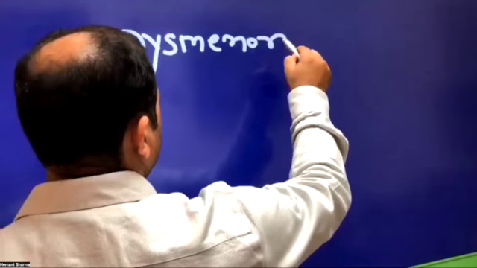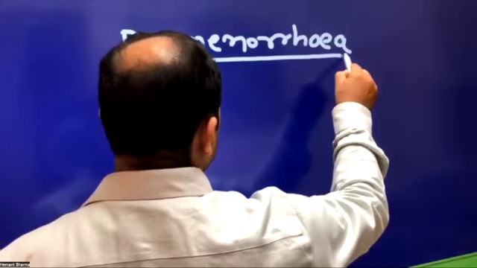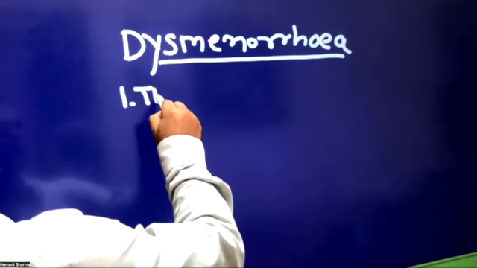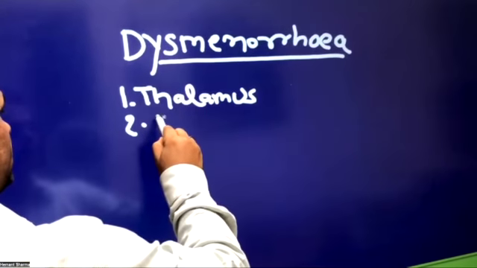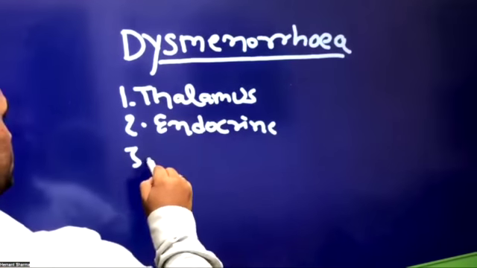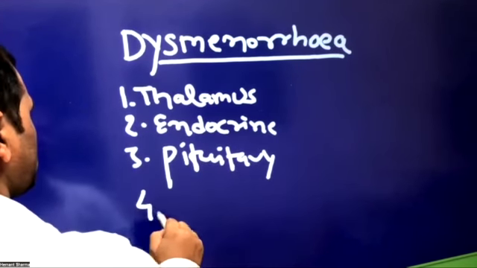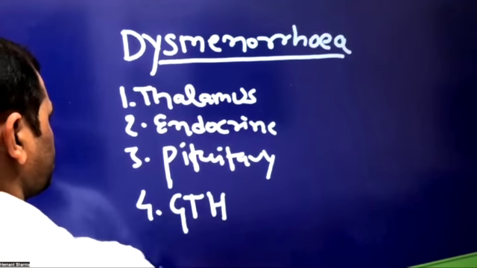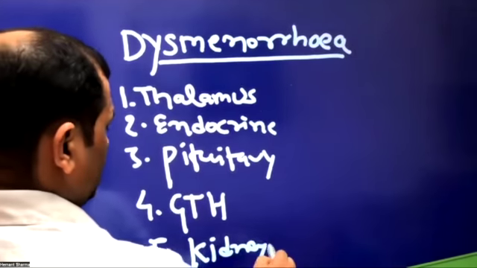The meaning of dysmenorrhea is painful menstruation. जब दर्द के साथ पीरियड आता है, we start the treatment from the thalamus, endocrine, pituitary, gonadotrophin, kidney and liver.